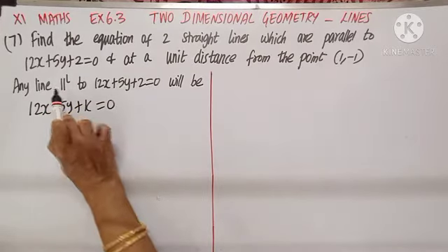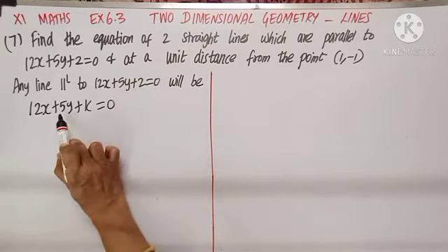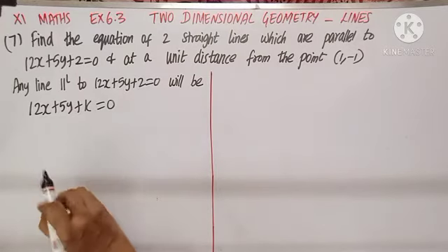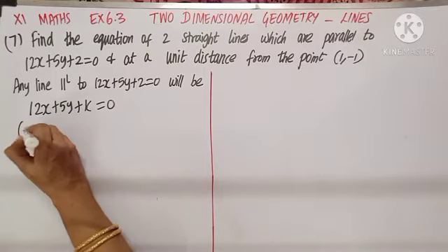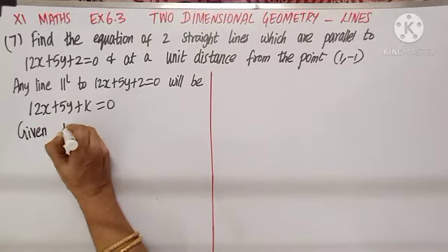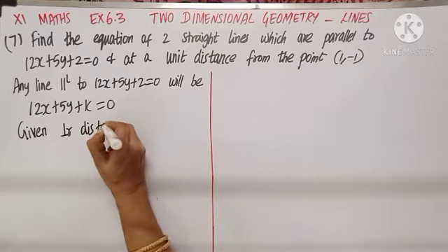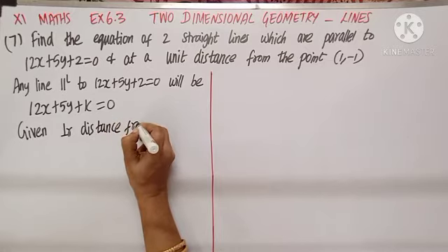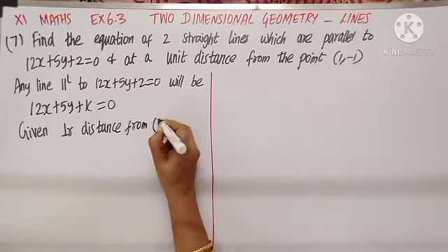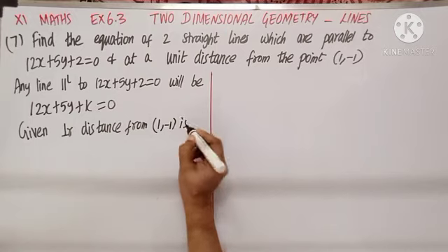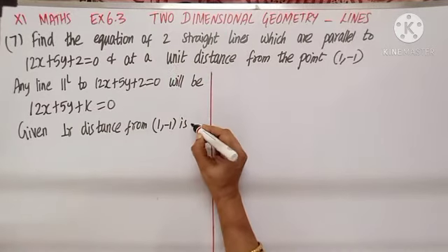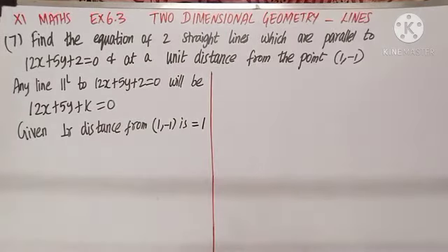For a parallel line, keep x and y as they are. Change only the constant. Given distance, that is perpendicular distance. Perpendicular distance from which point? (1, -1). Unit distance tells me 1.